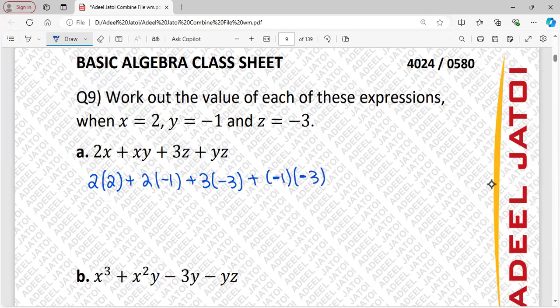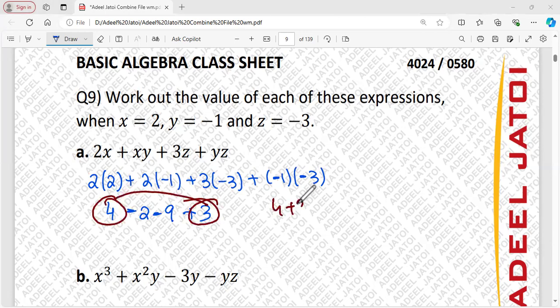Because what we have is 2x, xy, and y is -1, 3z, z is -3. So 4 minus 2 minus 9 and plus 3. We can even do it horizontally, 4 minus 2 minus 9 plus 3, or we can directly solve 4 with 3 first. So 4 plus 3 is 7, and minus 2 minus 9.